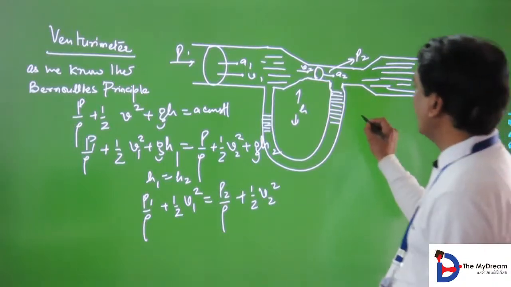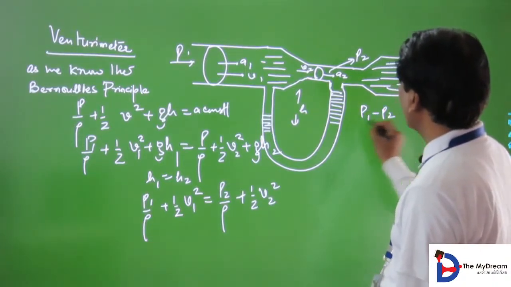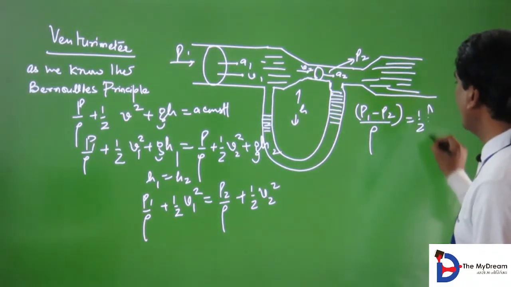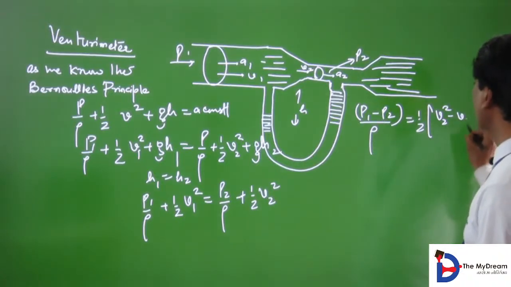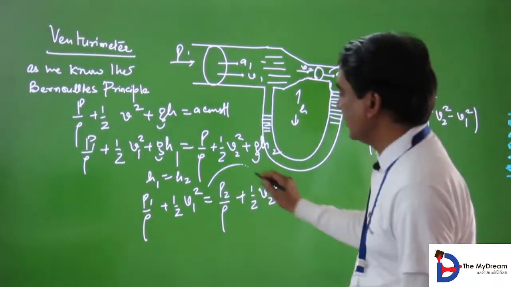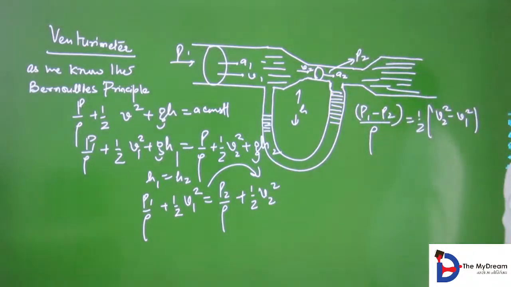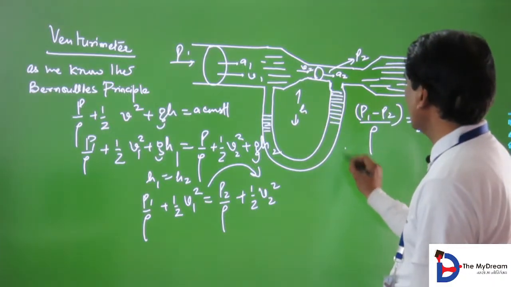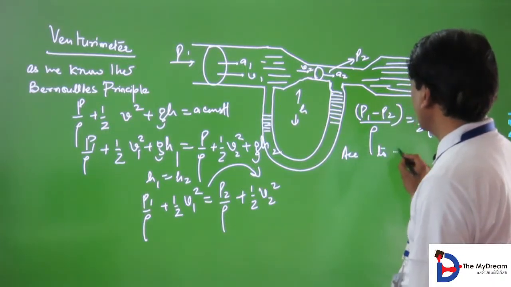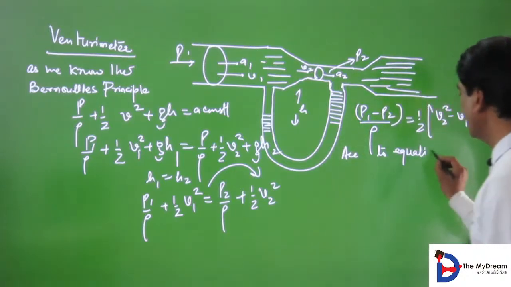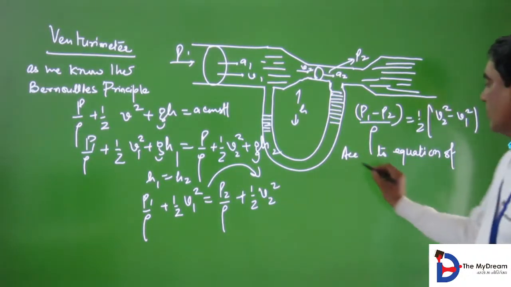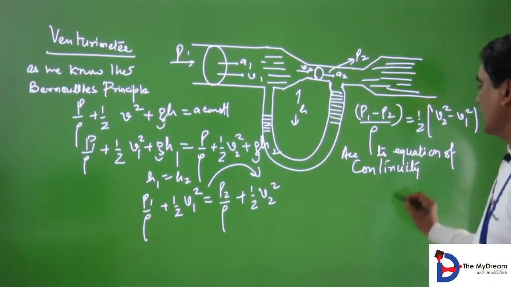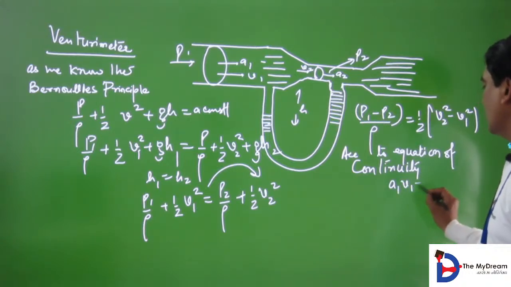It can be written like this also: P1 minus P2 by rho equals half V2 square minus V1 square. According to the equation of continuity, A1 V1 is equal to A2 V2.